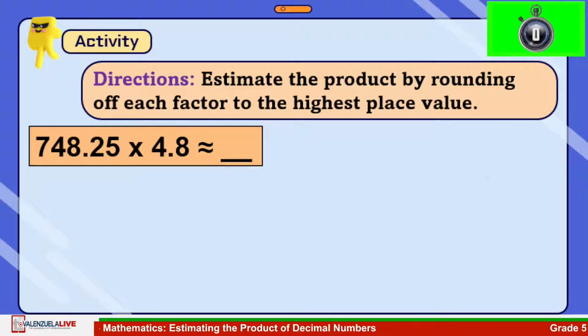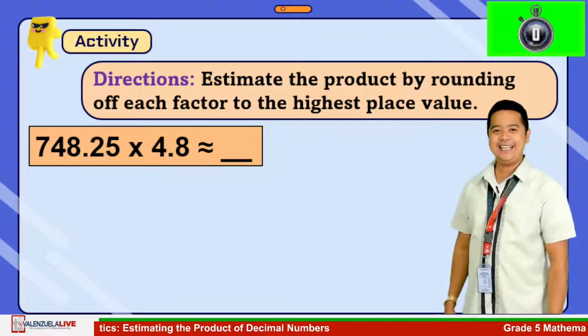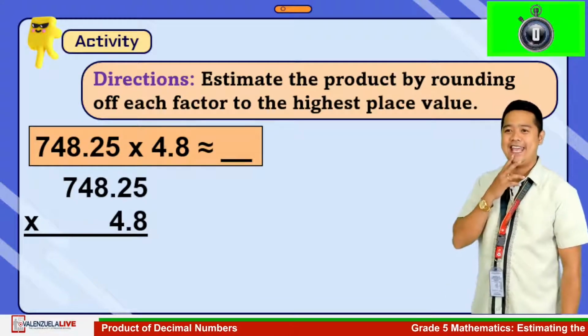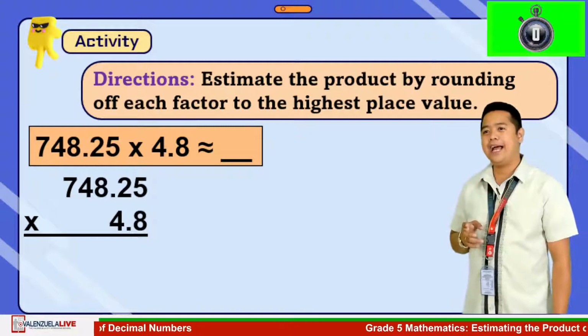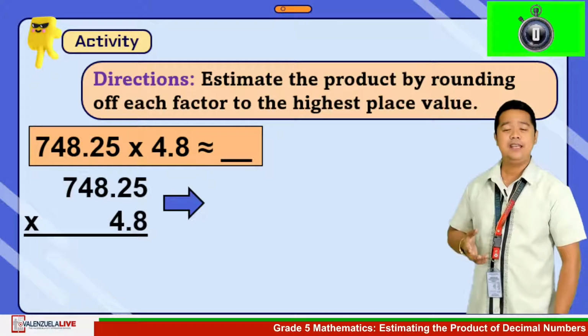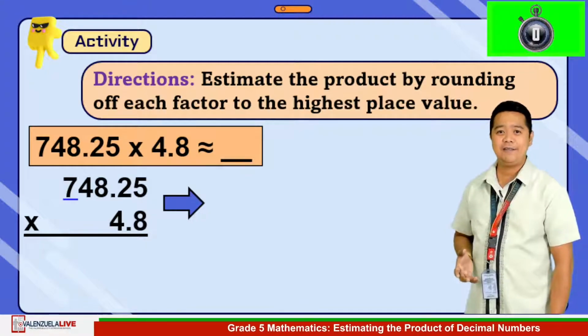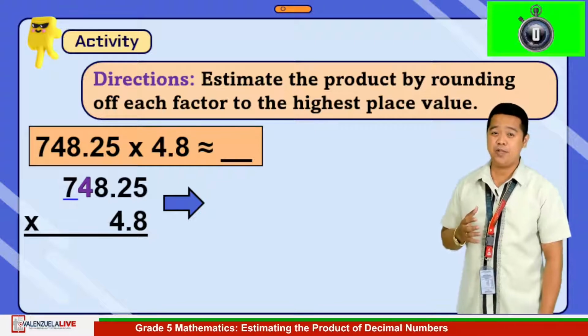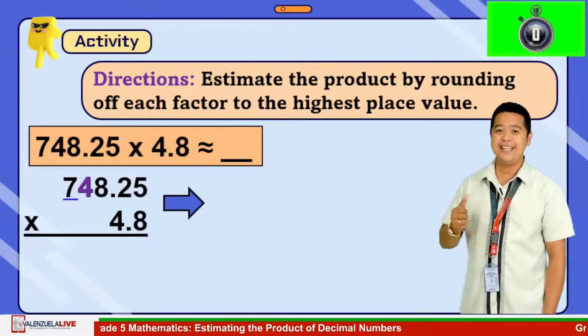Time's up. So again, write the factors in column and then get the rounded factors. So the number to be rounded off is 7, followed by 4, which is less than 5. So we will round down.